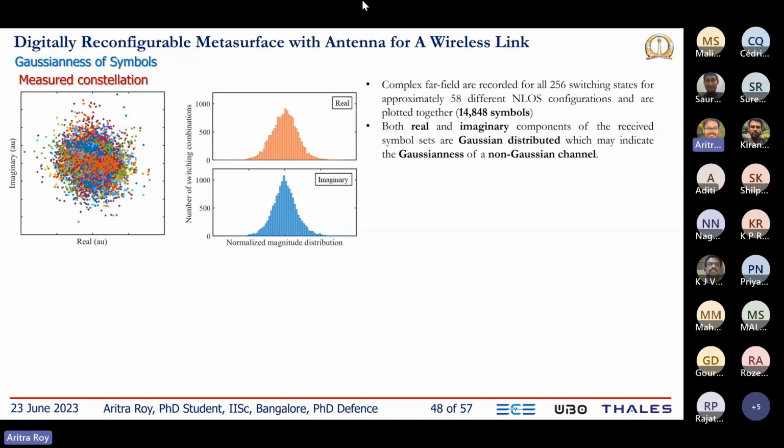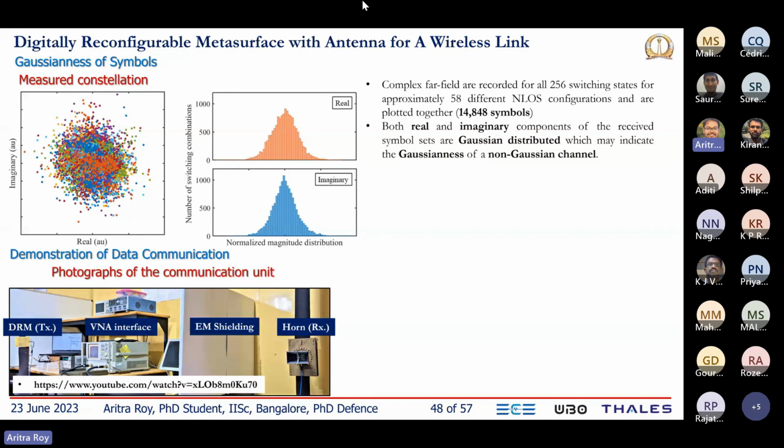We do not have many conclusions on this behavior, but this was one of the observations from our experiments. Our group is working to understand why this kind of non-Gaussian to Gaussian conversion is happening and how we can quantify the performance of the technique in a better way. So this was the end of our experiments.